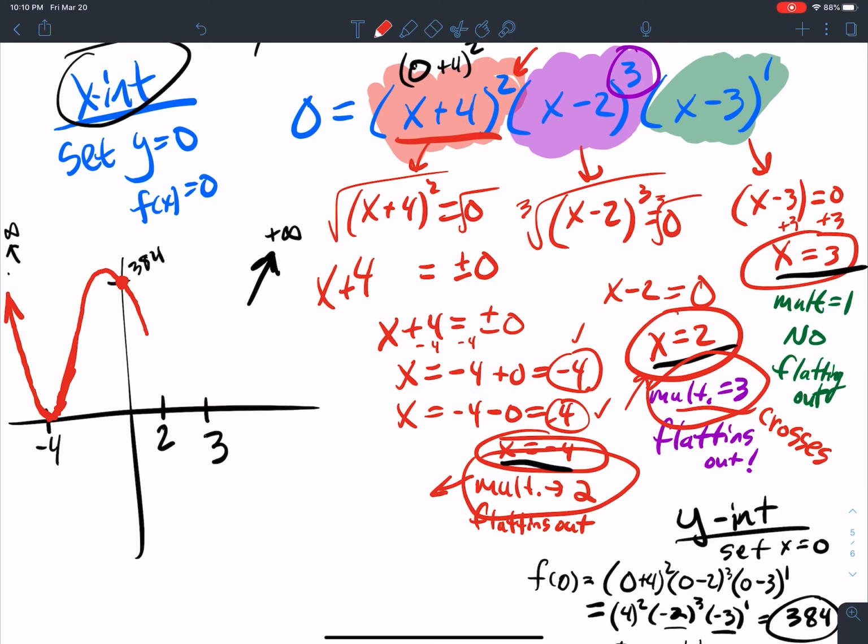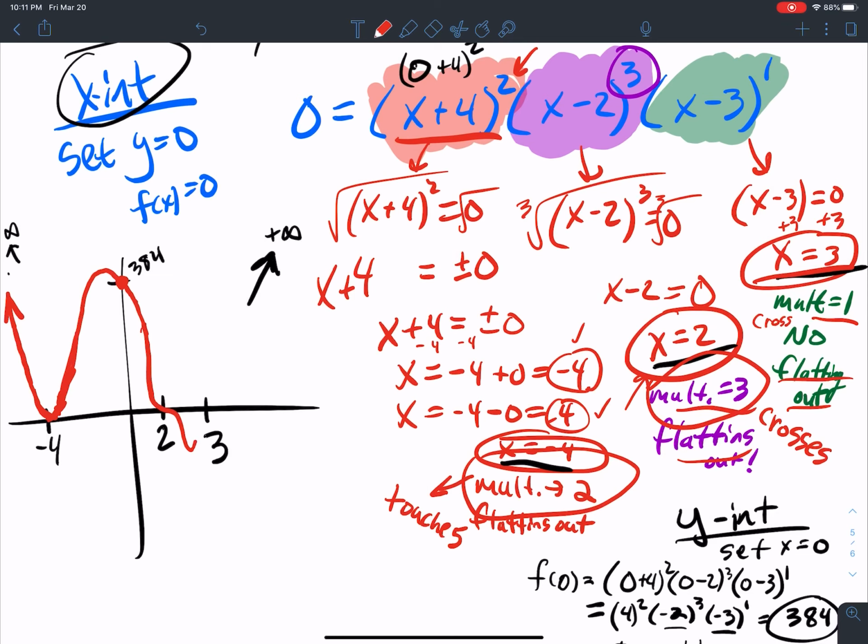because the multiplicity is odd. If the multiplicity is even, it actually just touches, okay? So it crosses, but it crosses and flattens out. So when it crosses, it flattens out, and then it comes back, and multiplicity of 1, no flattening out, but multiplicity is odd, so we're going to cross.